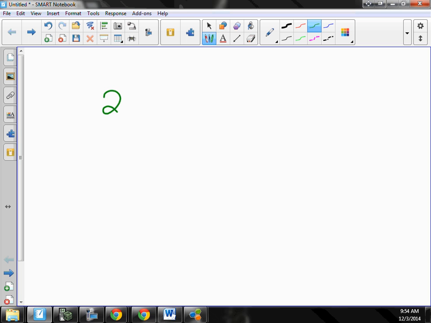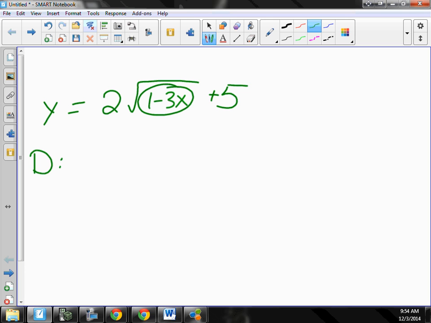Let's do y equals 2 square root of 1 minus 3x, plus 5. Okay, so domain is easy. I set this greater than or equal to 0. So 1 minus 3x greater than or equal to 0.